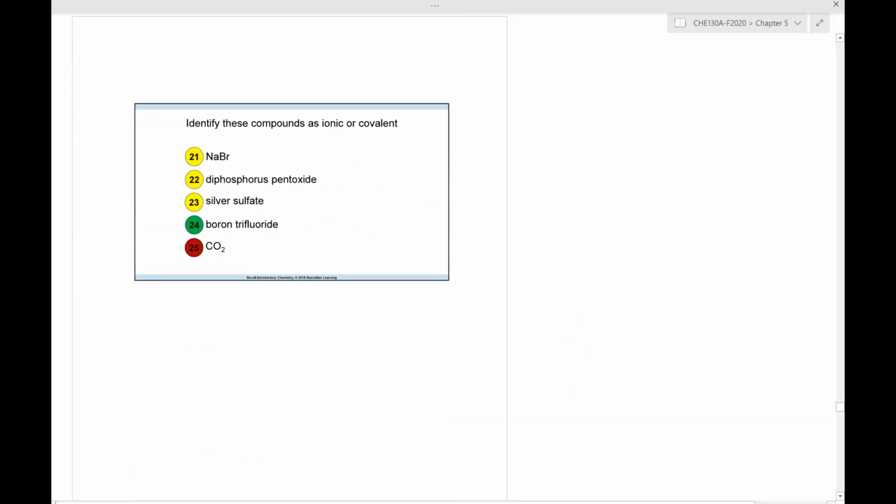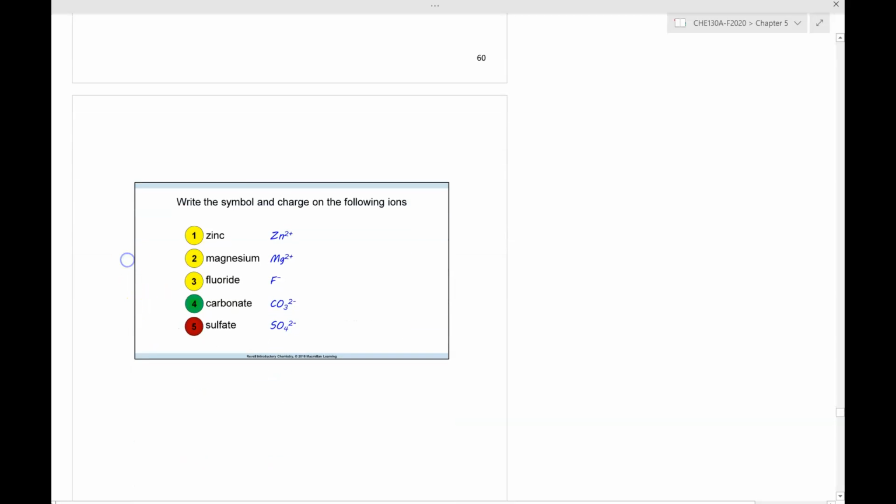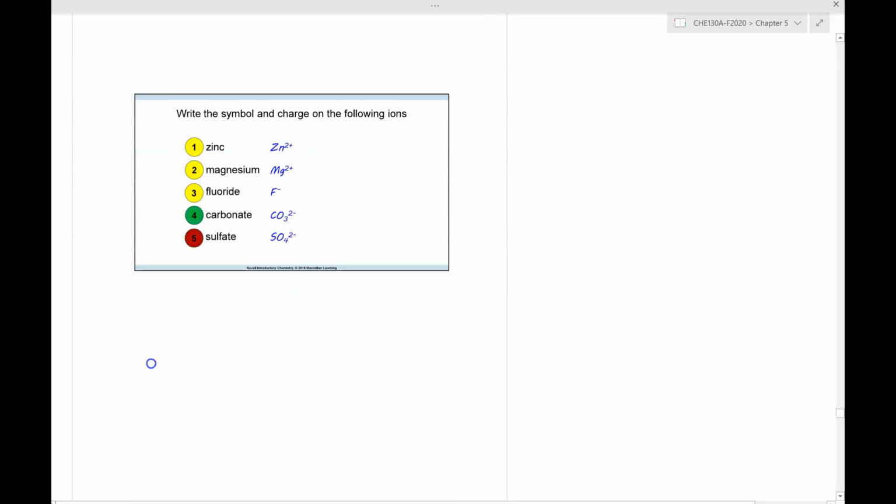Then here you're asked to identify things as either ionic or covalent, and of course you've got to be prepared to deal with either the formula or the name. And again, that's a basic chemical skill to be able to go back and forth between the formula and the name. So again, pause the video, take your time, think about these things, and see if you can classify them as ionic or covalent, and then we'll scroll on down and see those answers in a little bit.